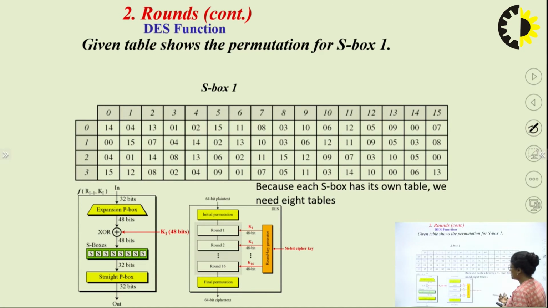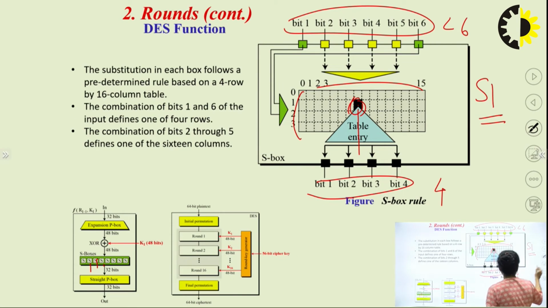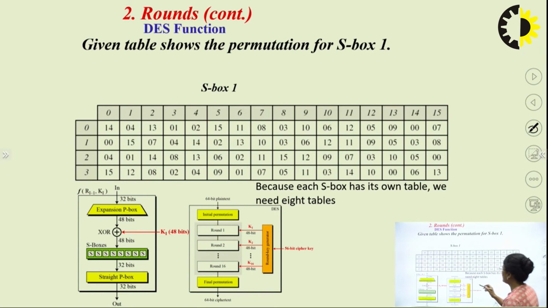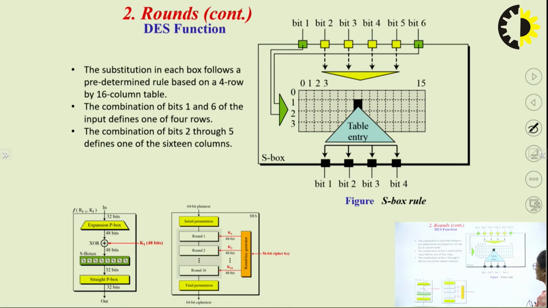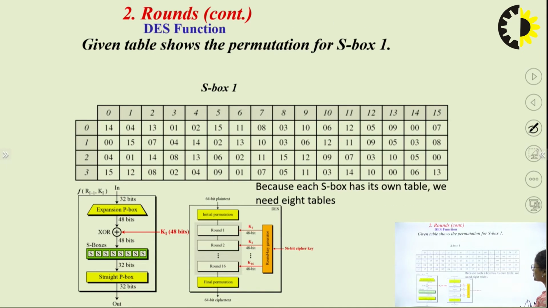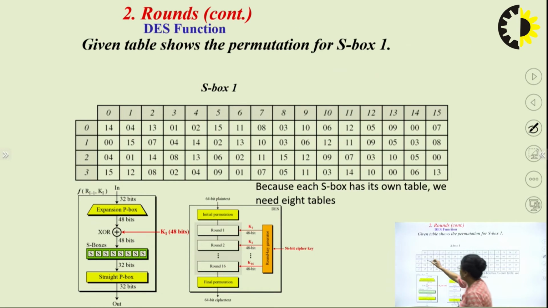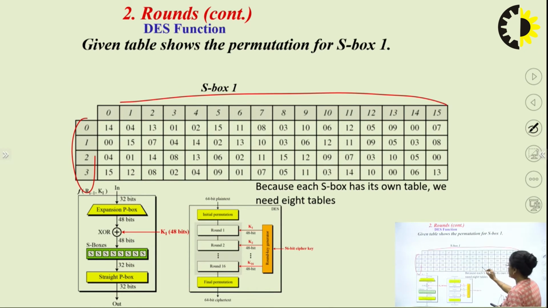This is the figure which I just explained. If you see the tabular pattern of that S box, we have 4 rows and 16 columns, and inside are the values that are pre-decided, and we substitute by these values.